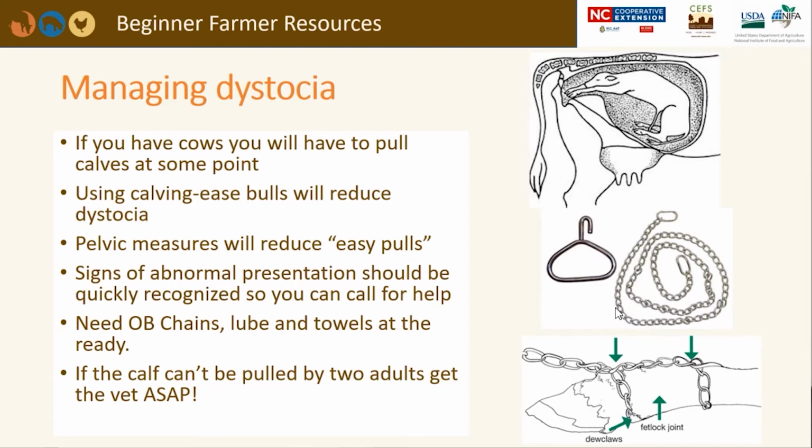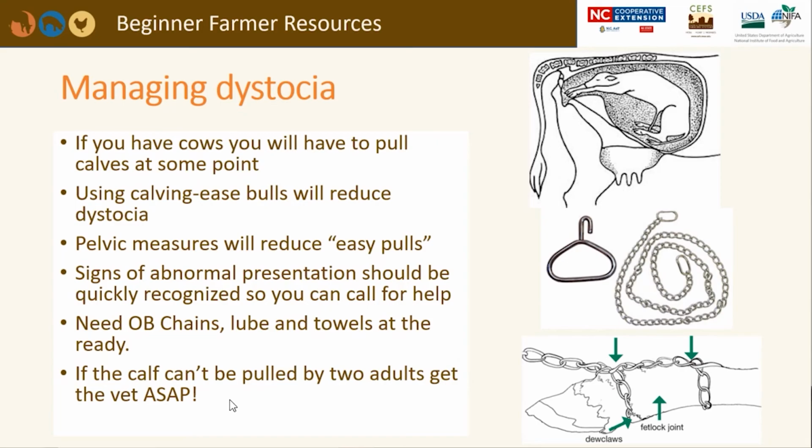So to do this you need the proper OB chains and handles. You also need some lubrication, something like KY jelly or other water-based lubricant works well. And then towels at the ready, because we do want to make sure that this calf is dried off and cleaned off, and that the mother has close access to him shortly after birth.